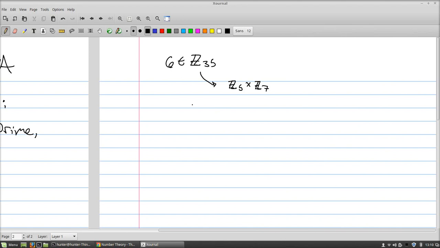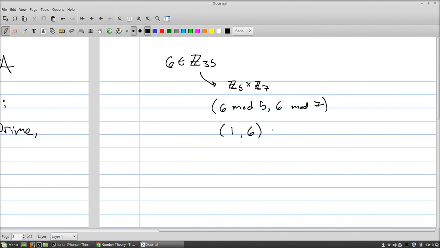What element does it go to? It goes to 6 mod 5, comma, 6 mod 7. And so this is 1 mod 5, and mod 7 it is still just 6, okay?